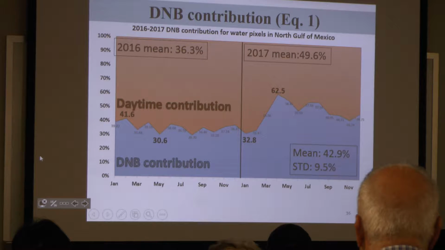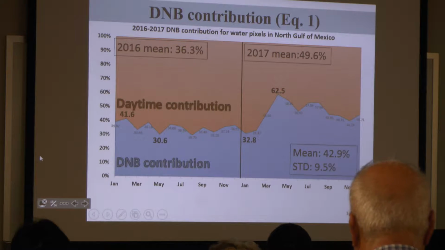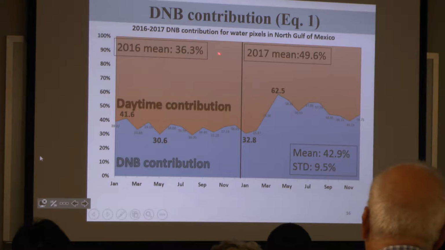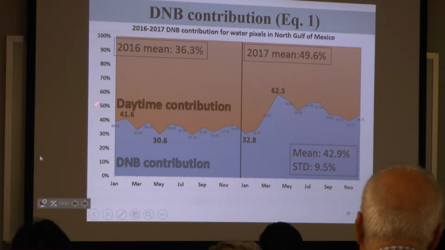Here's my result. This slide shows the daylight band contribution in equation 1 for all water pixels in all images. The blue area shows daylight band contribution. The red area shows daytime contribution. The x-axis shows months of the year, and the y-axis shows percentage. In 2016, the mean daylight band contribution is 36%, and in 2017, it is around 49%.